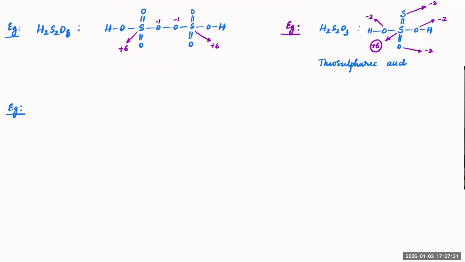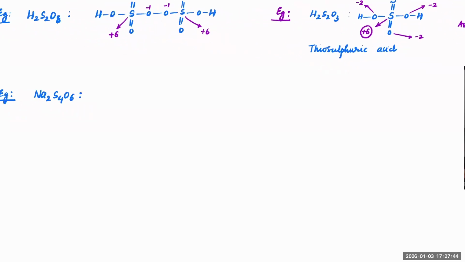See the next one. If you have Na2S4O6, then what is the structure? How does the structure look like? Notice this one. Here we have sulfur connected to four sulfur simultaneously.